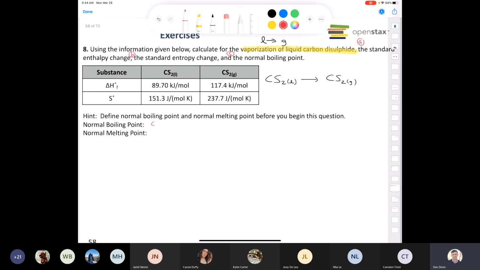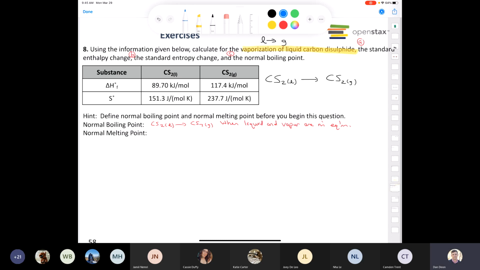You could just say, okay, well, it's when I take my carbon disulfide in the liquid phase and it gets converted to carbon disulfide in the gaseous phase. That's true, but what's happening when we have a phase change is that the vaporization occurs when the liquid and vapor are in equilibrium, okay?